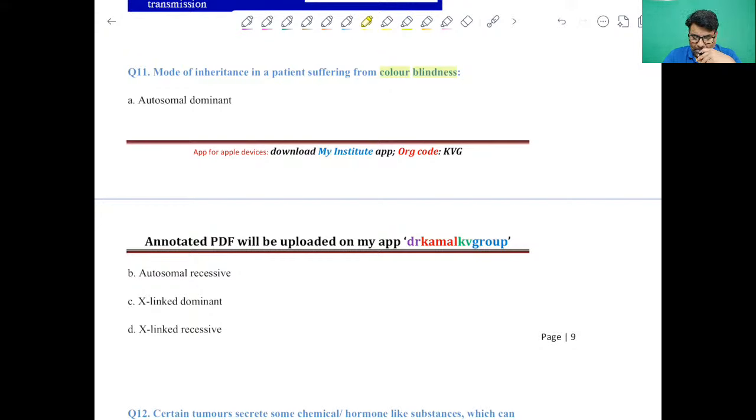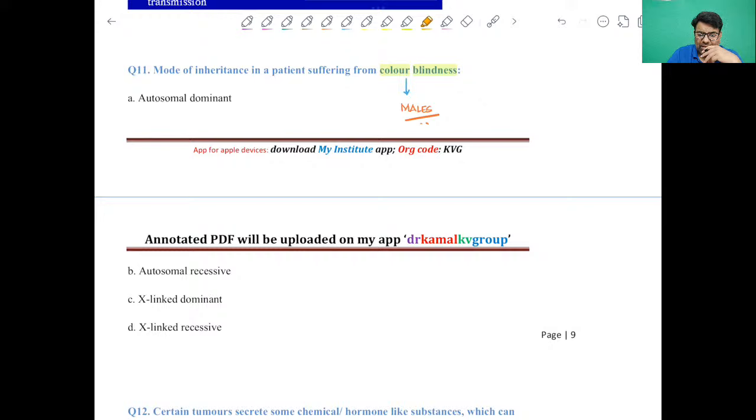So, yes, anyone? Color blindness usually affects males. And when I write males, the answer has to be, yes, anyone? What will be the answer? If the condition is only seen in males, the answer will be, we just discussed it, X-linked recessive.